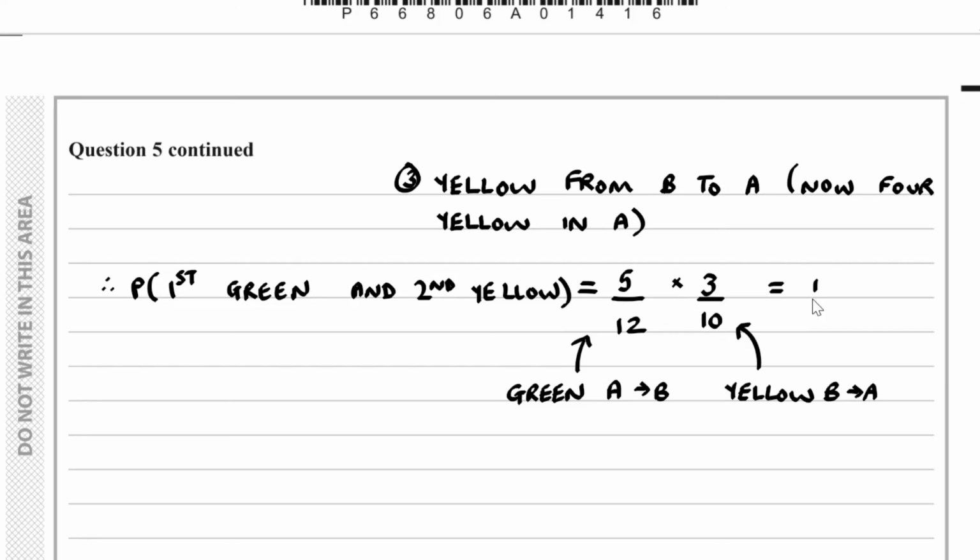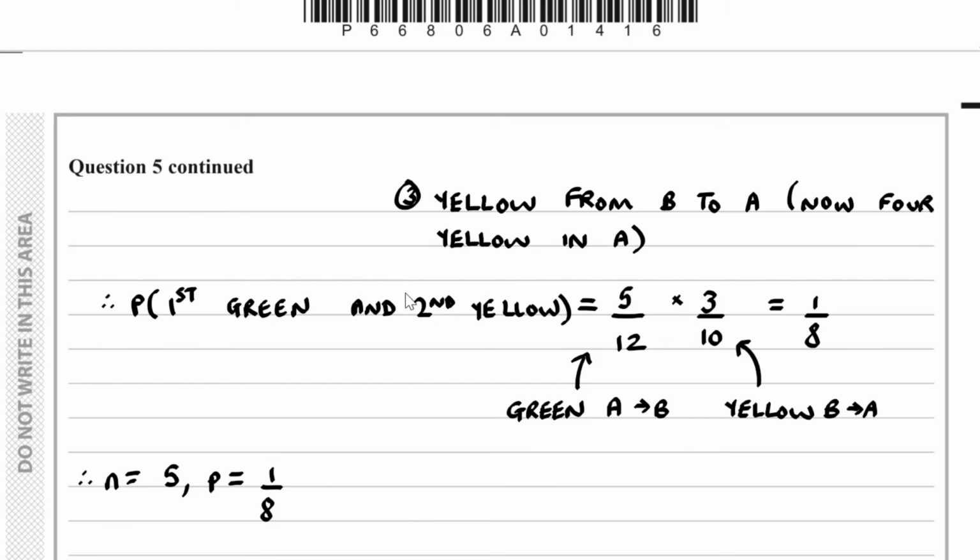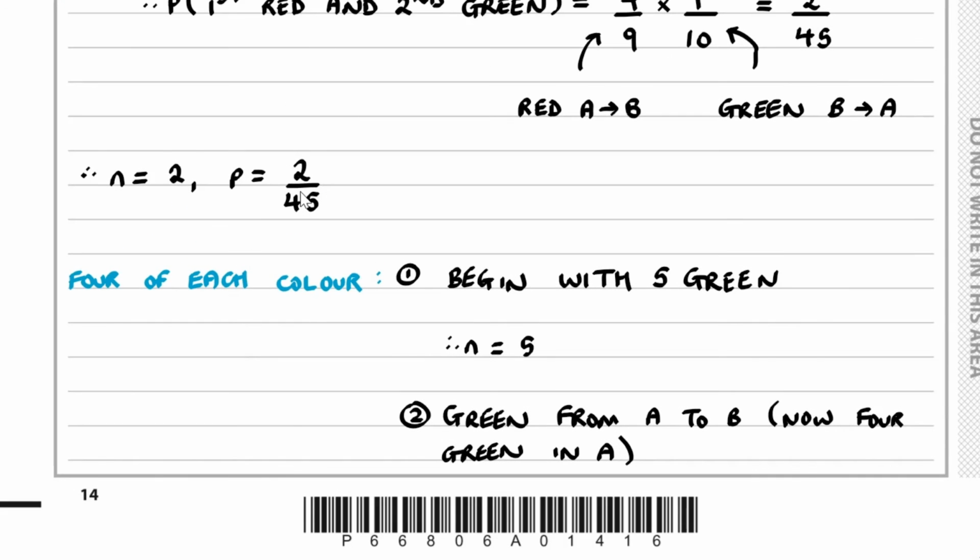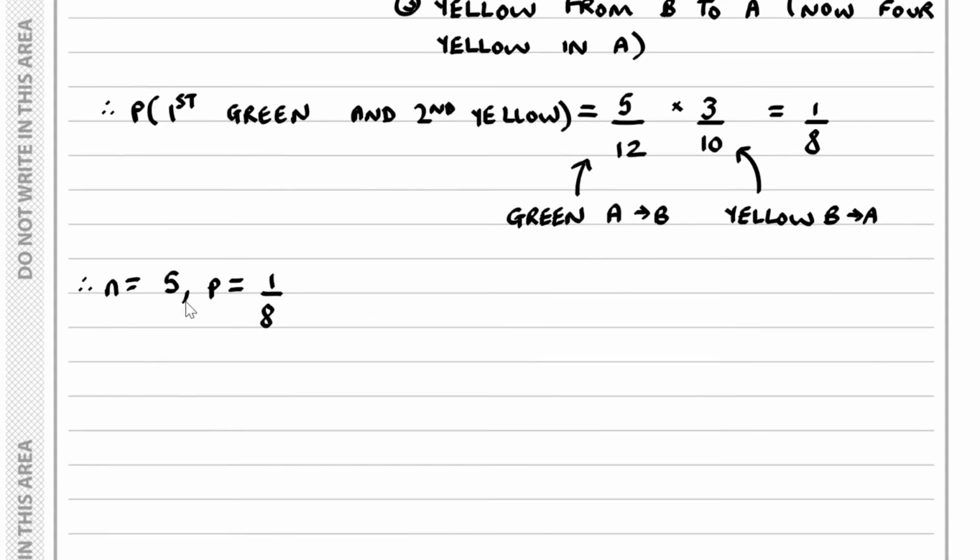I get 1/8 in total. So what does this mean then? It means we've found n equals 5 and p equals 1/8. So these are my totals. So I've got 2 options here. I've either got n equals 2 and p equals 2 over 45, or I've got n equals 5 and p equals 1/8.